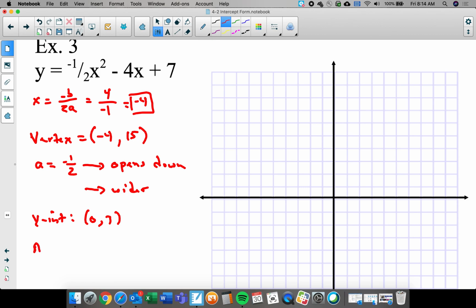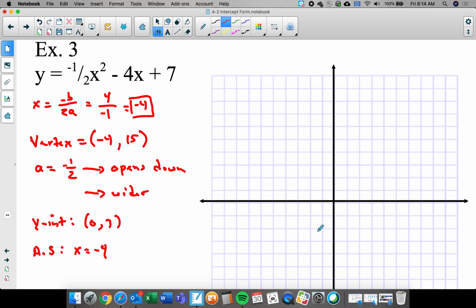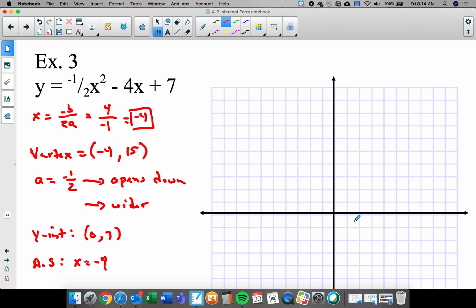Axis of symmetry, we go through and take a look at that. That one is at x equals -4, so that it goes right through the vertex. And let's start graphing some of this stuff. First part, at -4, 15. So we're, like I said, up here off the graph a little bit. So way up here, let's see, 1, 2, 3, 4.